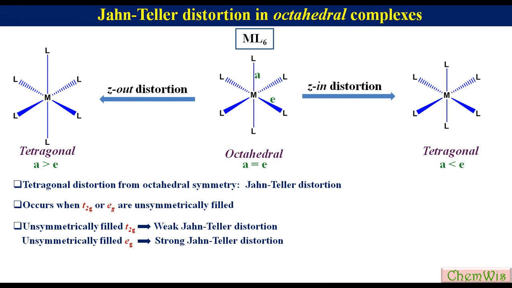This distortion lowers the energy of the metal complexes, or we can say increases the stability of the complex. Whether the distortion is Z-in or Z-out depends upon which distortion is leading to more stabilization.